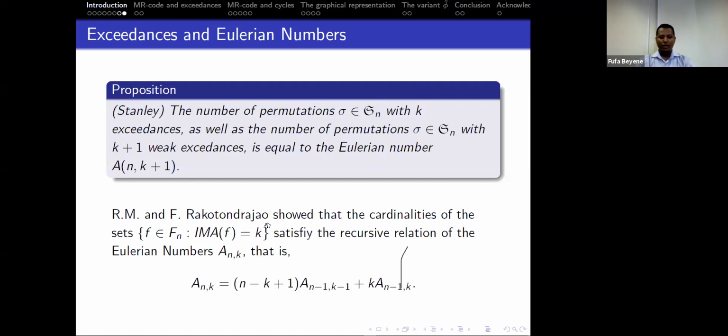Mantaci and Rakotondrajao showed that the cardinalities of the set of subexcedant functions f with image size k satisfy the recursive relation of the Eulerian numbers A(n, k), and I hope you are all familiar with this beautiful and famous Eulerian recurrence relation: A(n, k) is equal to (n minus k plus 1) times A(n minus 1, k minus 1) plus k times A(n minus 1, k).